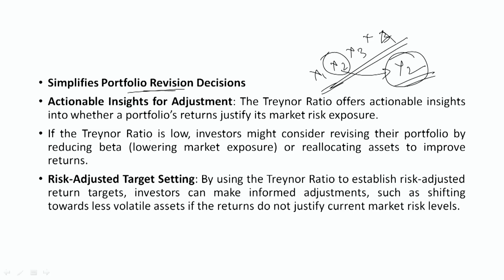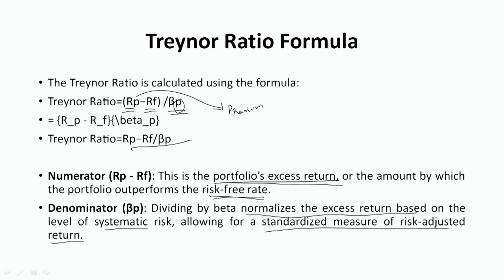And if the Treynor's ratio is less, what does it mean? It means that there is a need for revising your portfolio. So why is this required? It's very simple. If you go into the formula, what does the formula talk about?